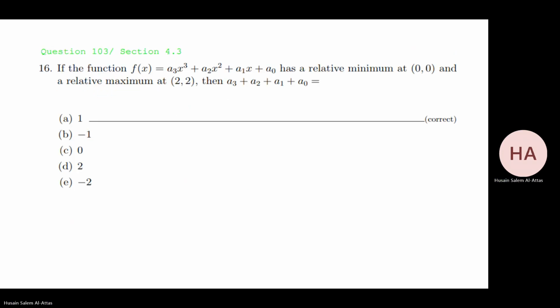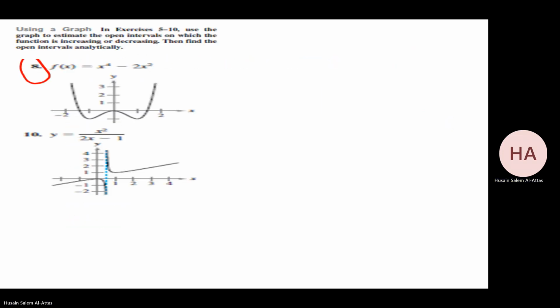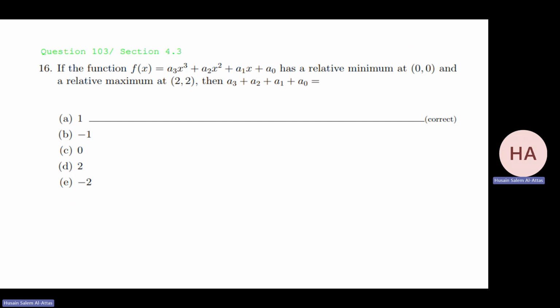Okay. I have this question. Two more to finish the questions before we go to the questions from the book. If the function has a relative minimum at (0, 0) and a relative maximum at (2, 2), and it has 3 or 4 unknowns, you want to find the sum of these unknowns.